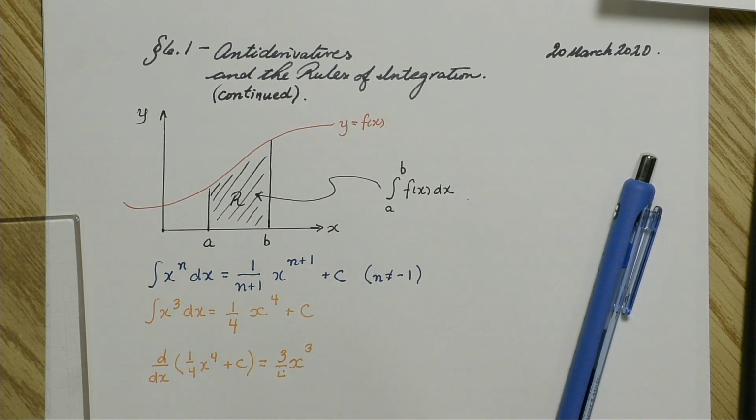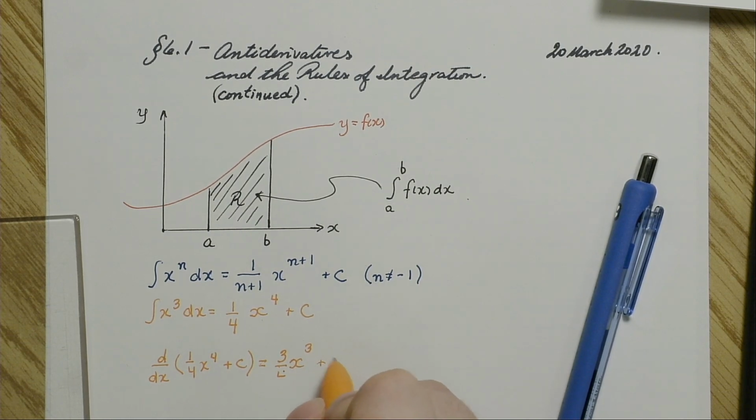Uh-oh, did I make a mistake? I think I did. The derivative of the constant is 0.